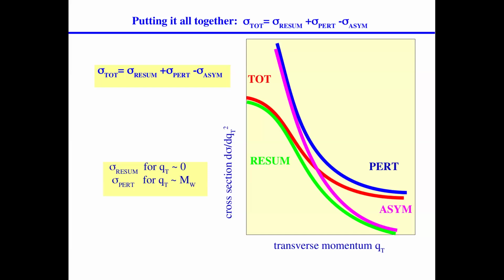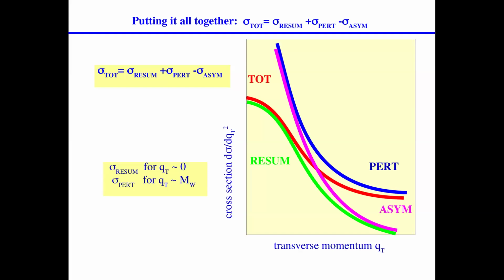Okay, and again, this is clearly a cartoon, but versus transverse momentum. Here's the perturbative result, and I expect that to be a good representation at large QT. But when I take PT to 0, that's going to diverge because it's got the 1/QT squared singularity. The asymptotic result is basically the expansion of this, so it matches out here, and is regular down there.